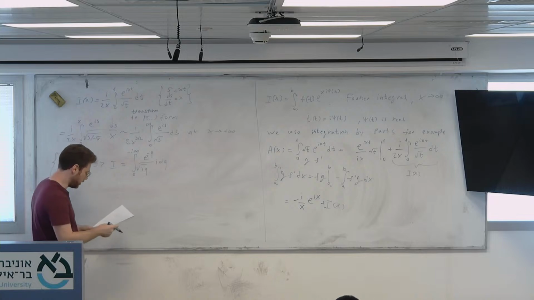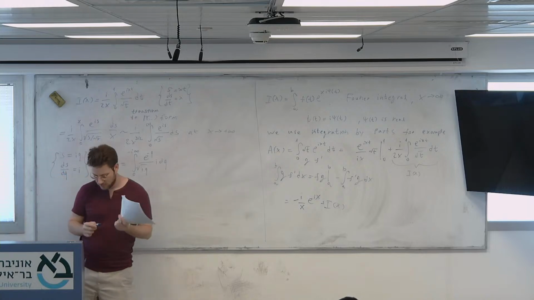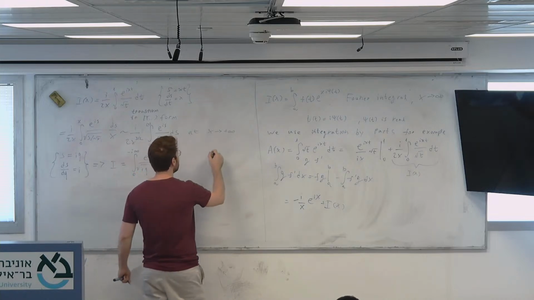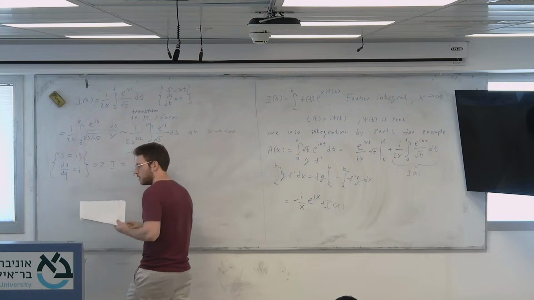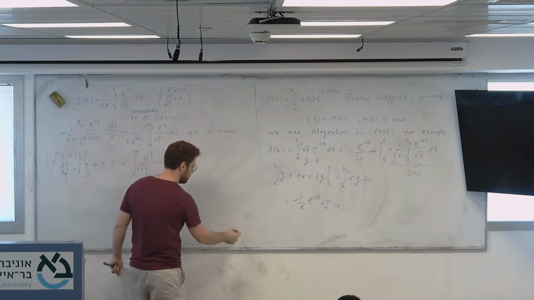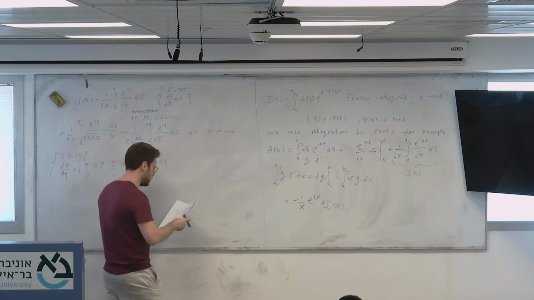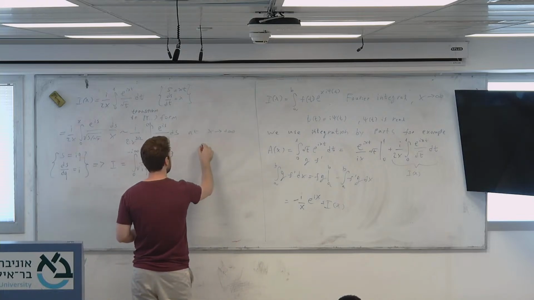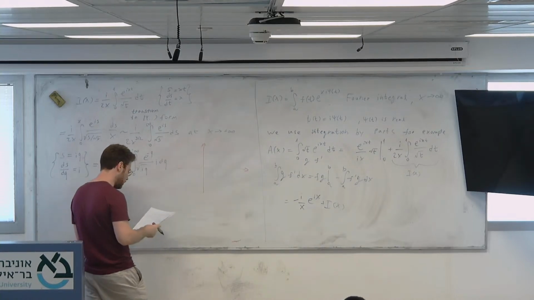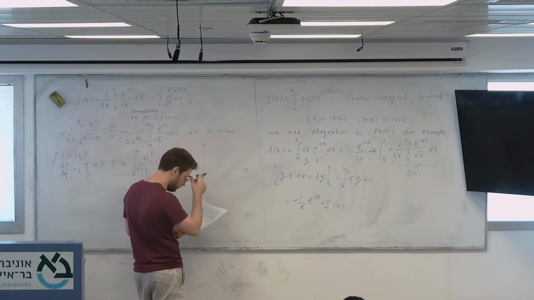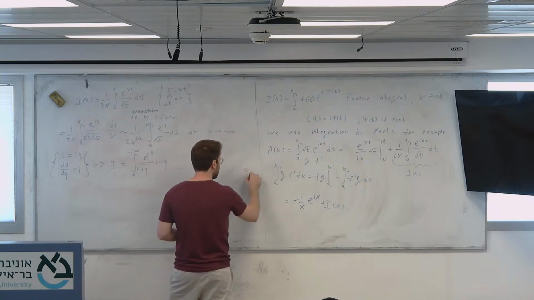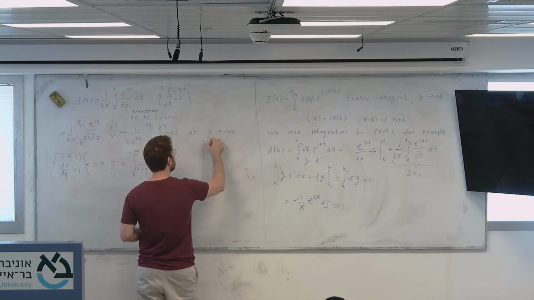So the idea is the following. Let's see if I have another color. No, it doesn't work. Yeah, so I'm doing it in a second. So we have a complex plane. What we had before: this is the real part, this is the imaginary part.